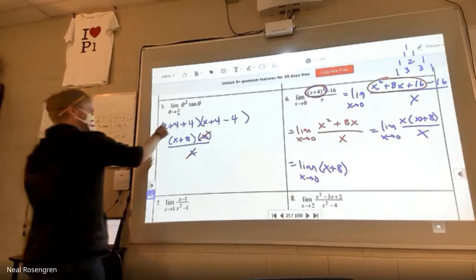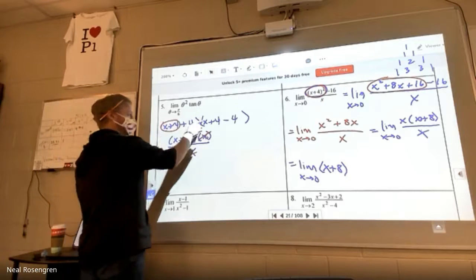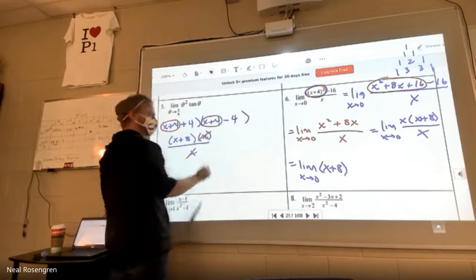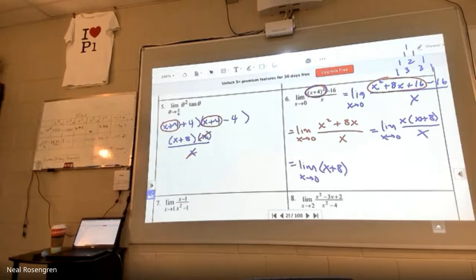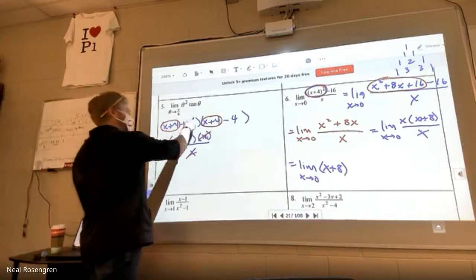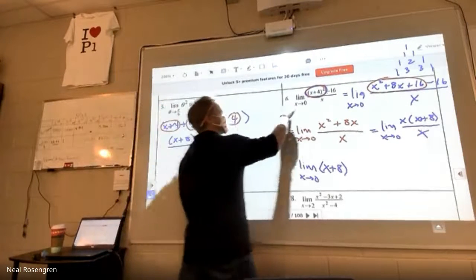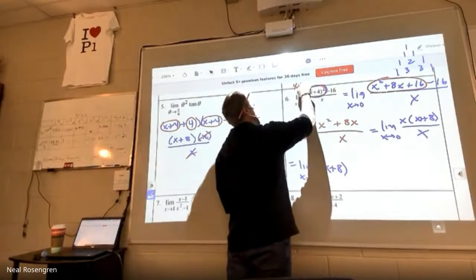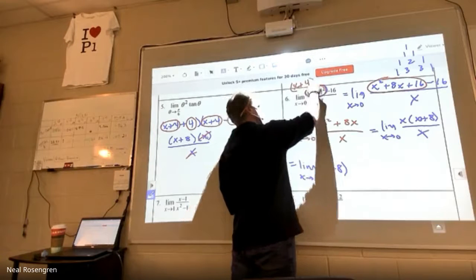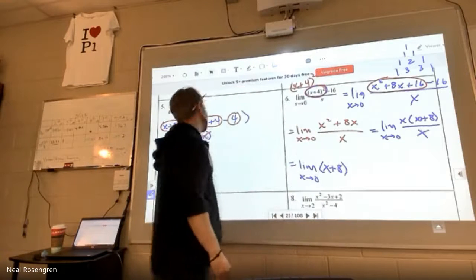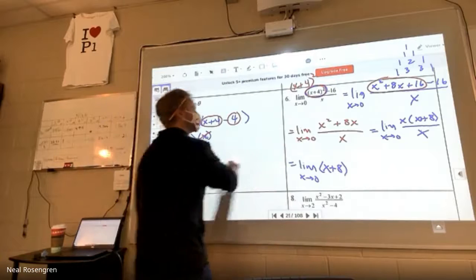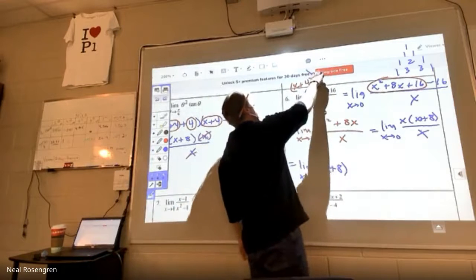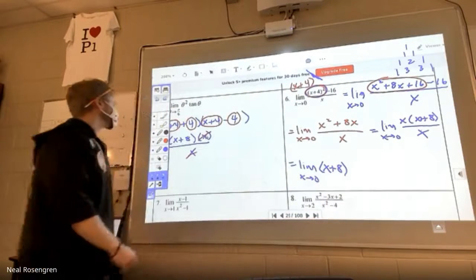Right? Square root of the first one, because it was x plus 4 squared, so I take the square root of that, I just get what's inside. Square root of the second one goes second. So x plus 4 is the first thing that's being squared, right? So what's the square root of that? Well, get rid of that, x plus 4.